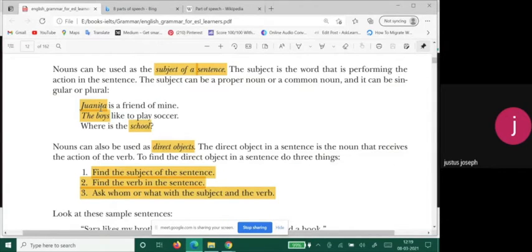Noun equal to subject equal to doer. The sentence that you see here, Juanita is a friend of mine. Okay. Is she doing something? No, right? So is noun just a doer? It could be something else also, right?